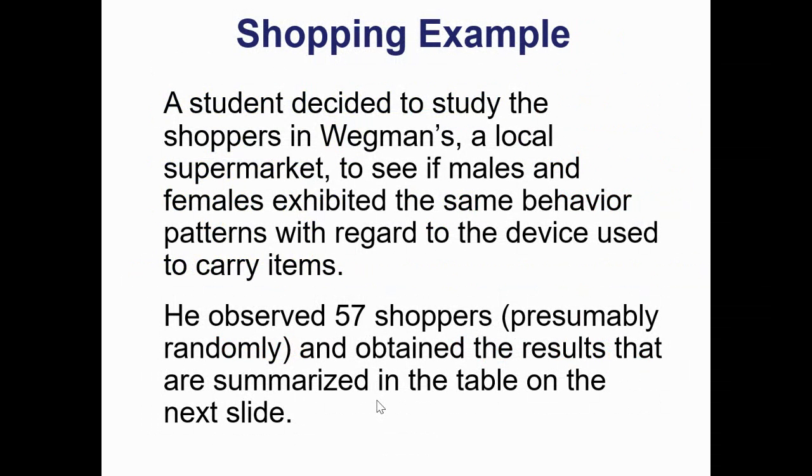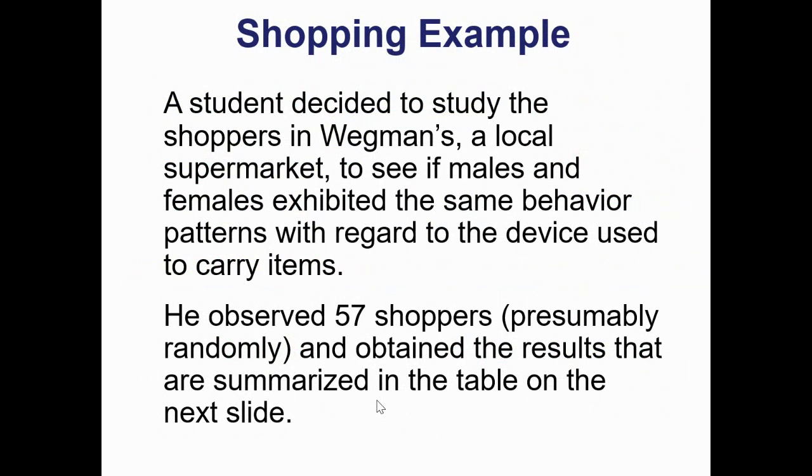Okay, last example. We're going to try to beat the clock here. Got 9 minutes. I think we can do it. So, student, this is where our manly man deal at the supermarket came from earlier. A student decides to study shoppers at a local supermarket to see if males and females exhibited the same behavior with regards to the device used to carry items.